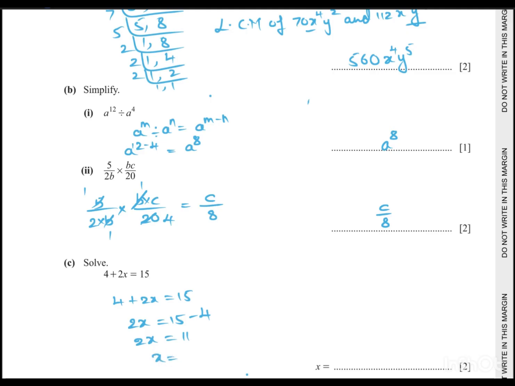Then x will be left on the left hand side, and 2 is brought to the right hand side. 2 is multiplying here, and when you bring it to the right hand side, it gets divided. So x is equal to 11 by 2 is the answer. Or you can write 11 by 2 as a decimal, which is 5.5. So 5.5 is the answer. Question B and C is done.